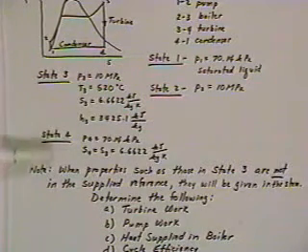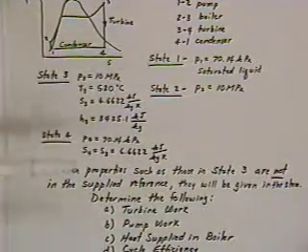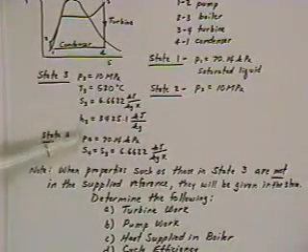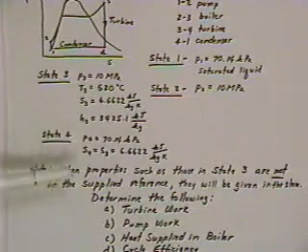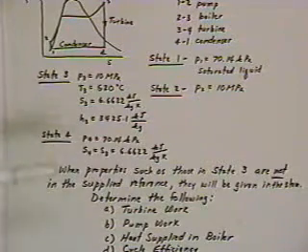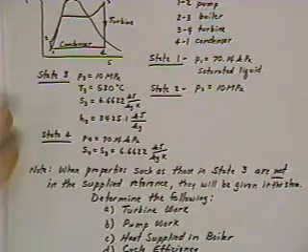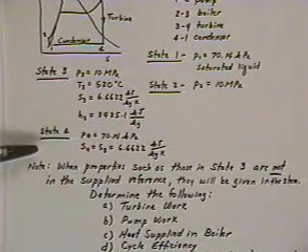And so you might be given a figure, and you might be given properties all around the cycle at different points. And so even though some of these properties are not in the back of the table, they've been taken from other tables, and so these would just be given to you.